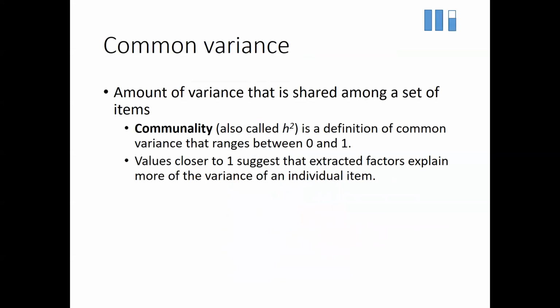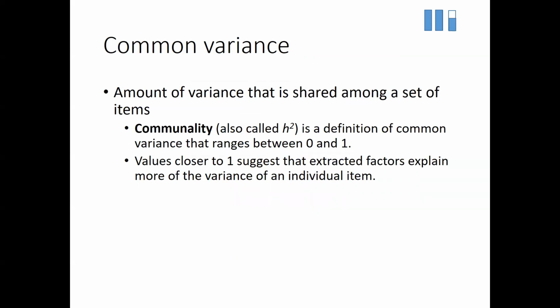We talked about communality, and what we mean, it's a simpler term for common variance, right? It's essentially the amount of variance that is shared among a given set of items. So it ranges between 0 and 1. It does not go negative. Variance is not negative, if you remember, right?